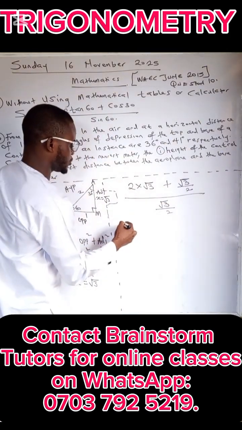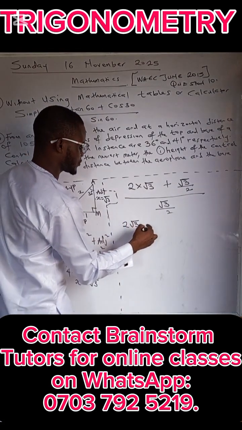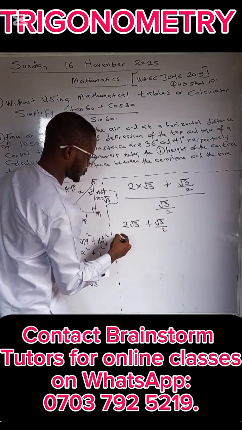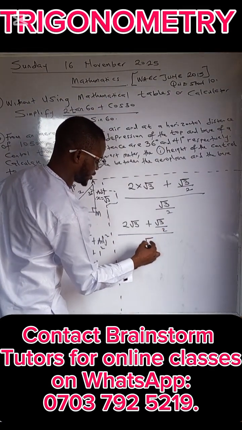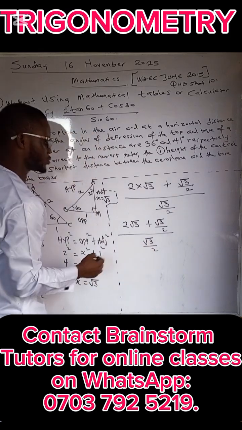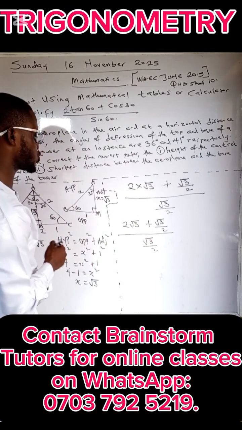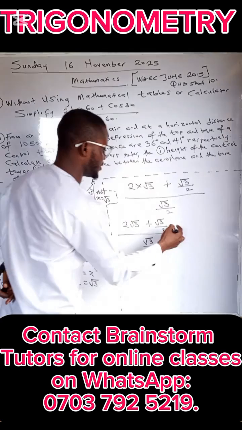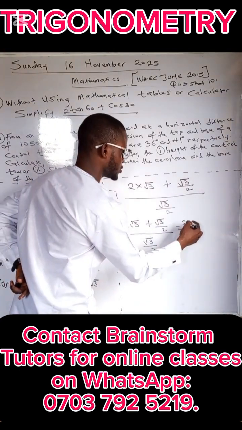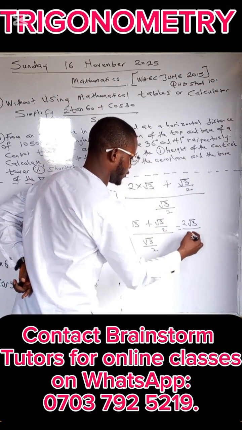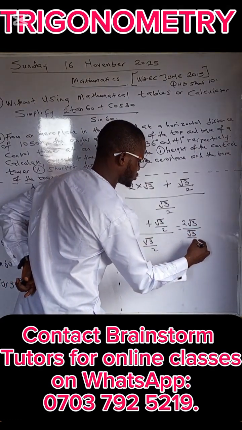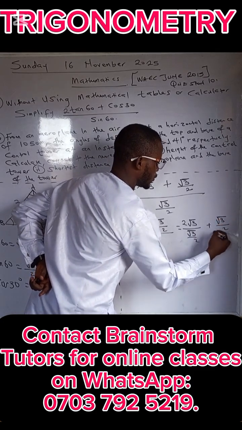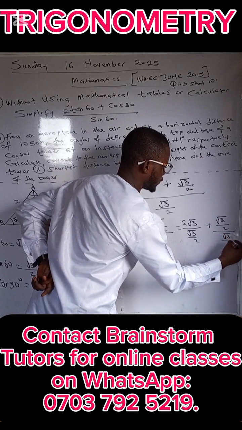Now, we just continue. This becomes 2 root 3 plus root 3 over 2, over root 3 over 2. To be on the safer side, I won't stress myself here; I'll be as fast as possible. I think you all believe me that I can write this as 2 root 3 over root 3 over 2, plus root 3 over 2 over root 3 over 2.